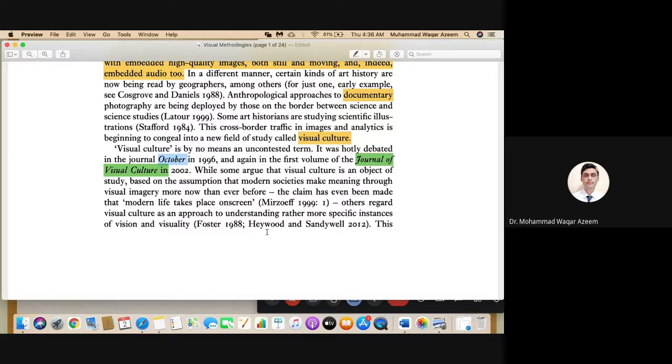Okay, so the reader therefore has changed now, and because the reader is more in connection with screen rather than written book, therefore literature needs to engage with a kind of methodology that can help the new reader to interpret what is on the screen. All right. So this is kind of background to the visual culture or the visual method that we need in order to understand the visual culture.